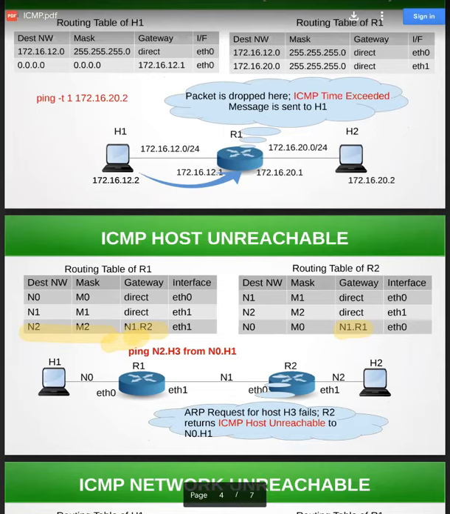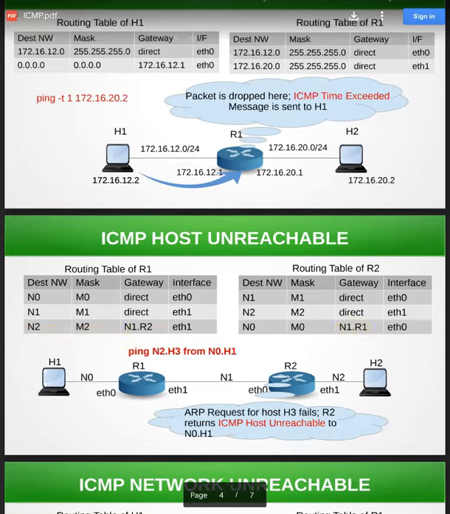So the next hop address in the routing table is always the address on the common network. R1 and R2 share the common network N1. So their next hop address can only be the address assigned on that particular network. It cannot be some other network's IP address.